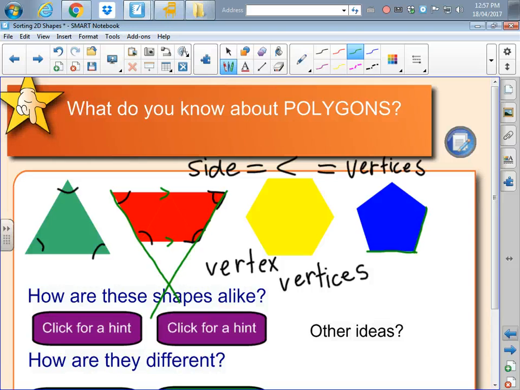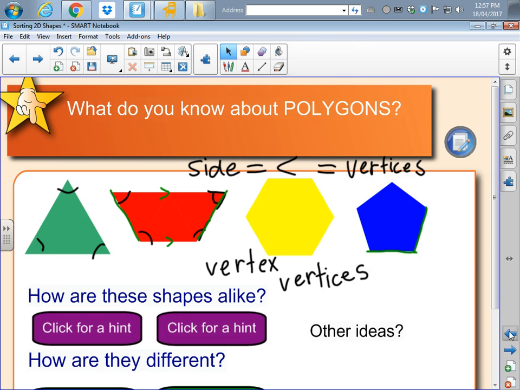Because what happens when I continue and draw them forever? When I extend them in the shape, what happens? Harley? They join, so they're not parallel. So those are not parallel.